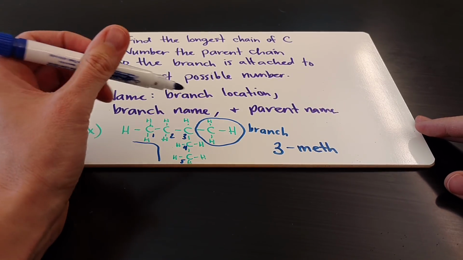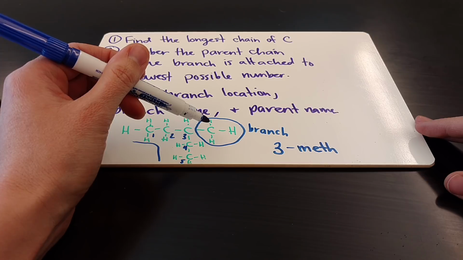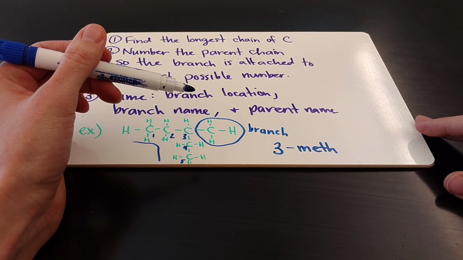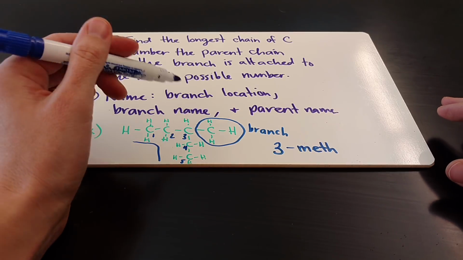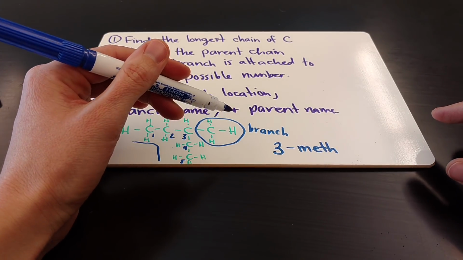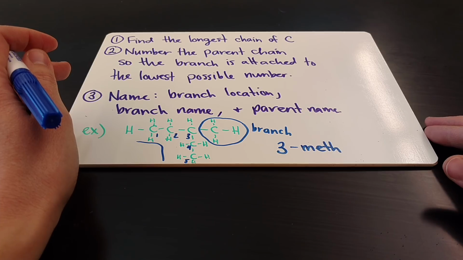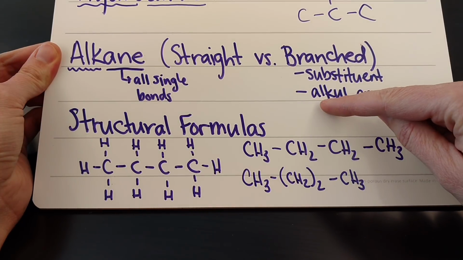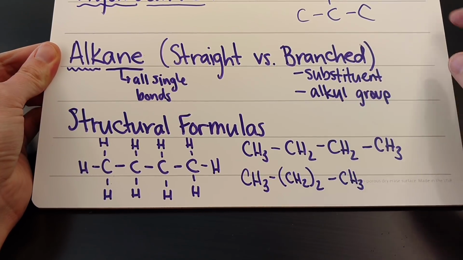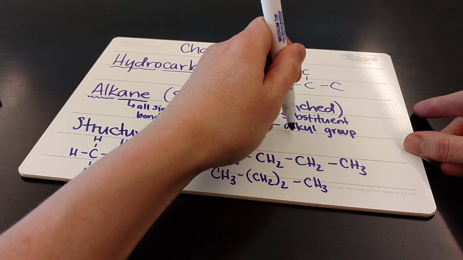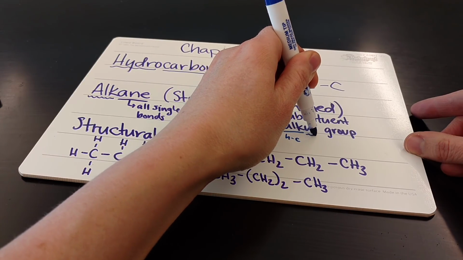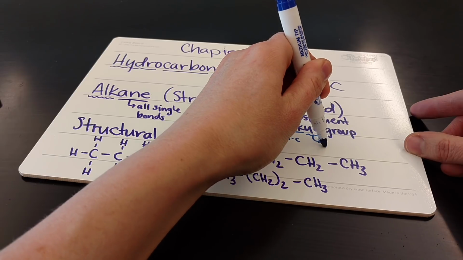Now, this branch is a hydrocarbon, and we talked about how hydrocarbon is alk, but because it's not its own hydrocarbon, it's called an alkyl group. Alkyl, A-L-K-Y-L, which I did list over here and I forgot to talk about it earlier. So again, ALK, that's hydrocarbon. YL is going to mean a branch.